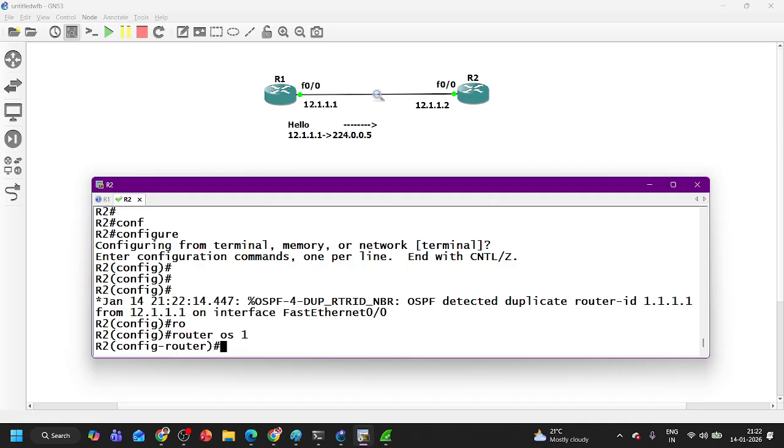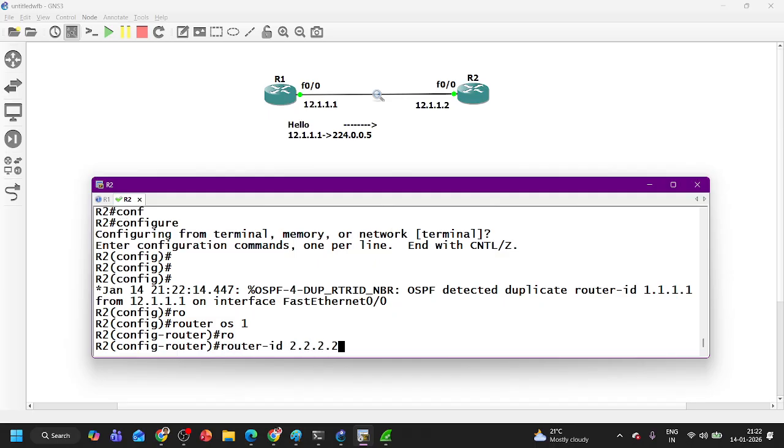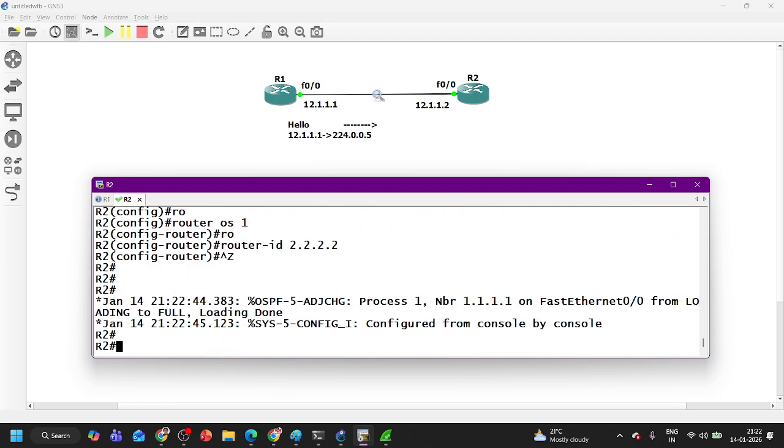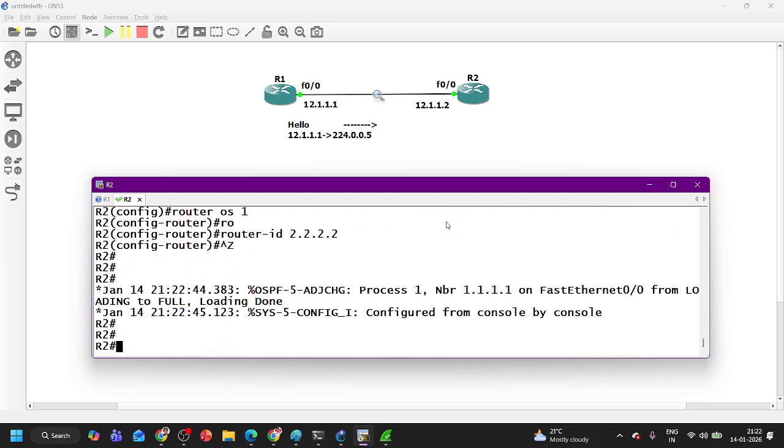Until a router has discovered a neighbor, you are allowed to change the router ID. You are not allowed to change the router ID when the router has shared its database with a neighbor. Router ID 2.2.2.2. Again neighborship will come up, and the OSPF hello message also shares the router ID information.